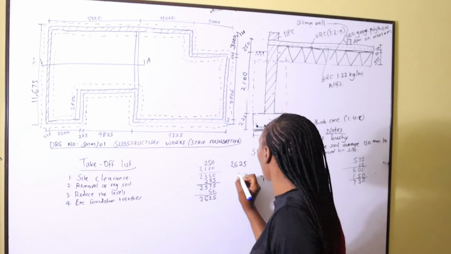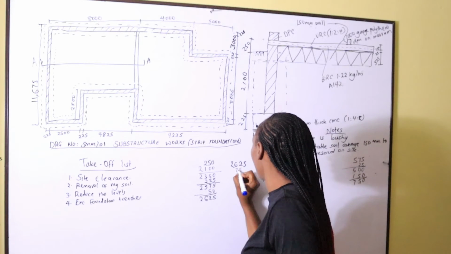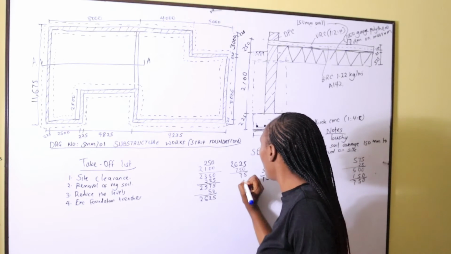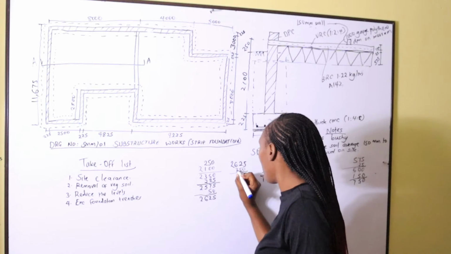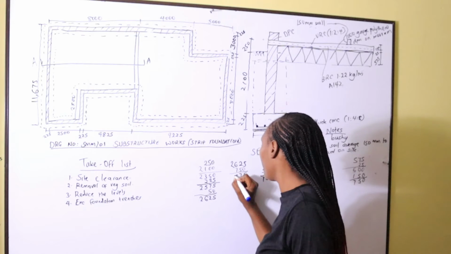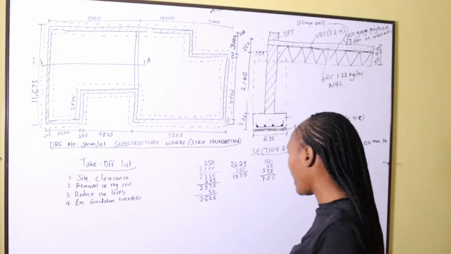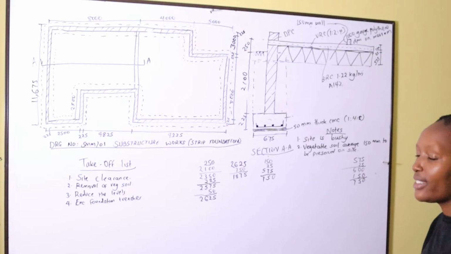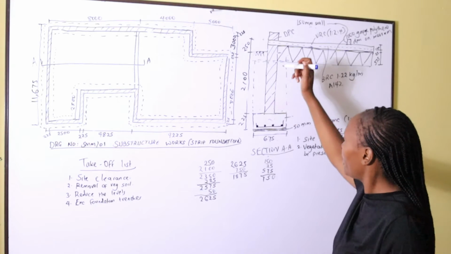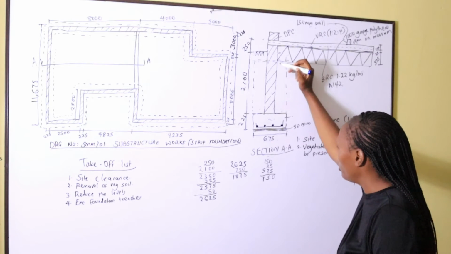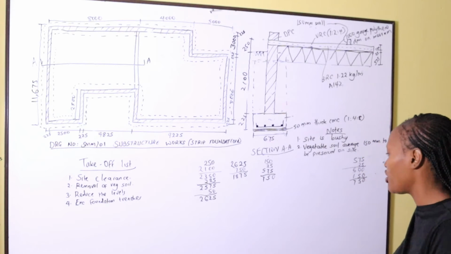So we take 2625, we deduct 750, and we get 1875. 1875 is the depth from the reduced level to the bottom of the trenches.